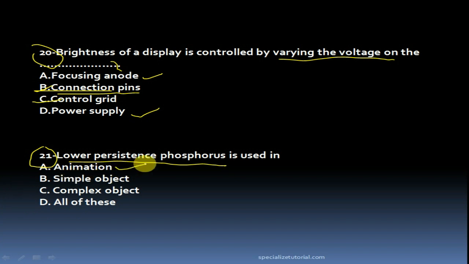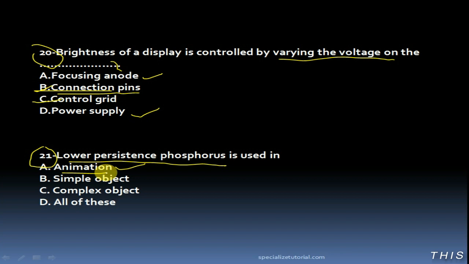Now, what is persistence? A spot of light is produced on the screen by the CRT beam energy translated to the phosphor, and persistence is defined as the time it takes the emitted light from the screen to decay to 1/10 of its original intensity.